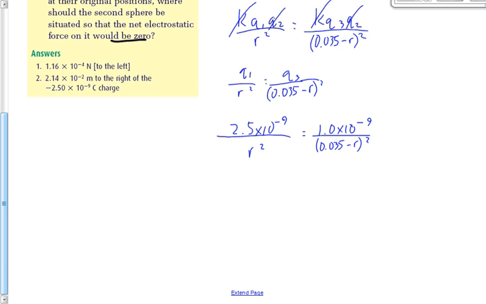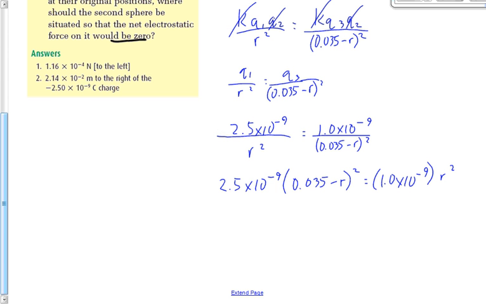Let's make that 2.5 times 10 to the minus 9 times 0.035 minus R squared equals 1.0 times 10 to the minus 9 times R squared. Is that good? Oh, you know what I just noticed?